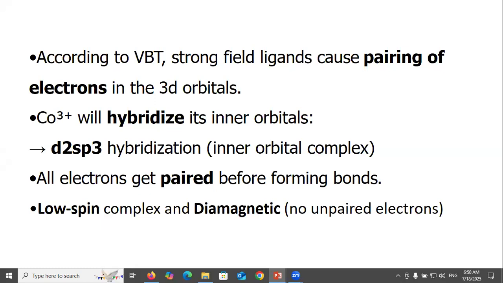According to valence bond theory, strong field ligands cause pairing of electrons in 3d orbitals. So cobalt will hybridize its inner orbitals. All electrons get paired before forming the bonds, giving a low spin complex, diamagnetic with no unpaired electrons.